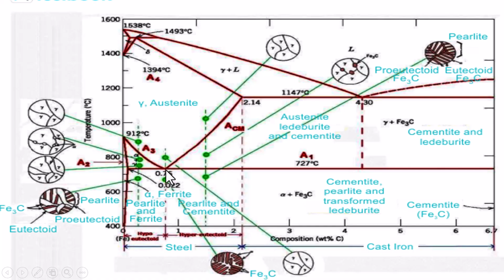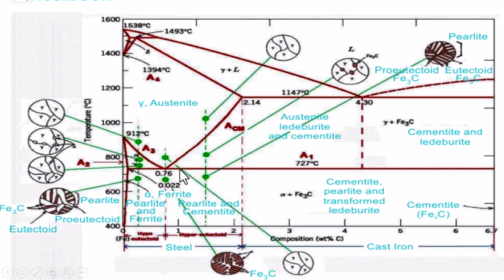Austenite undergoes cooling at around 0.8%, 0.76% of carbon, at a temperature of 727 degrees Celsius. The eutectoid reaction will occur, so the austenite changes to ferrite and cementite.